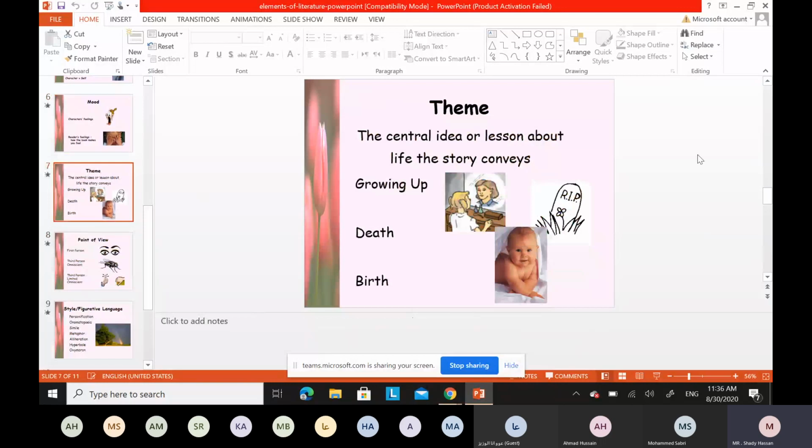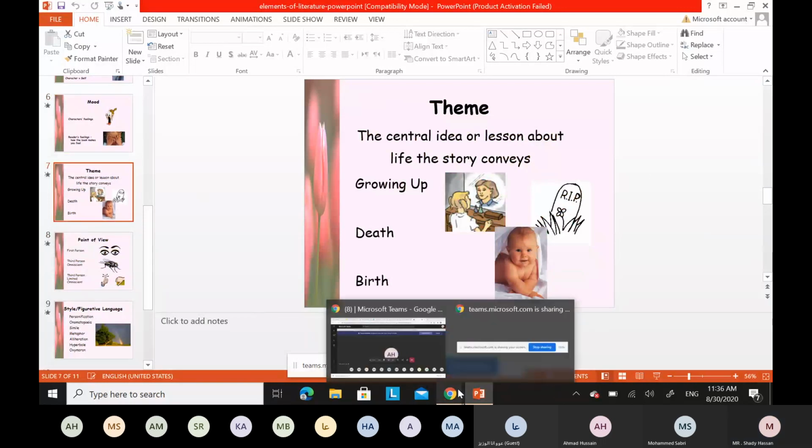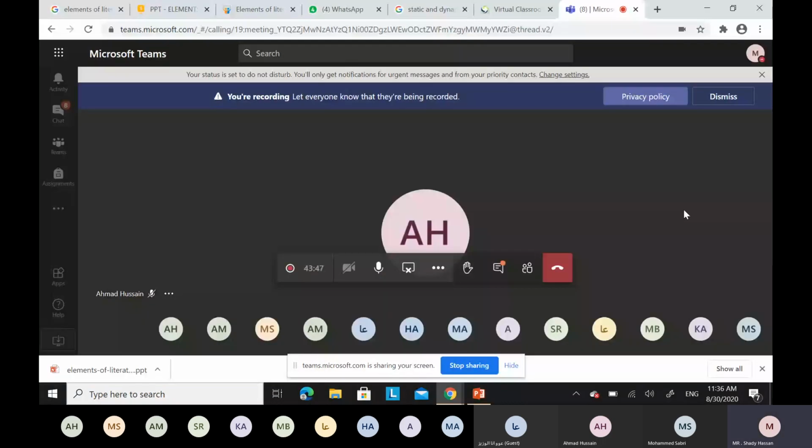And let's move to the theme. Who is going to define the theme? I want a brilliant student to tell me what the theme is. I think it's what the story is talking about.